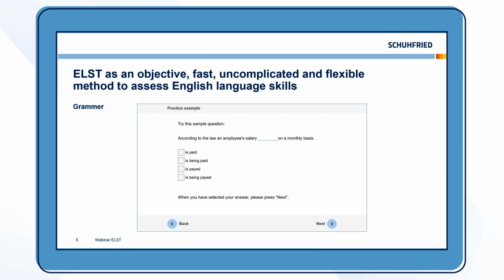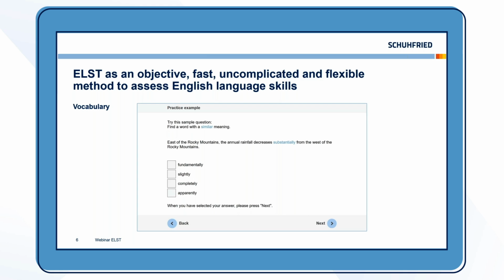This is relevant for our imaginary sales representative, for example, when he writes emails to his customers, which of course should be grammatically correct.